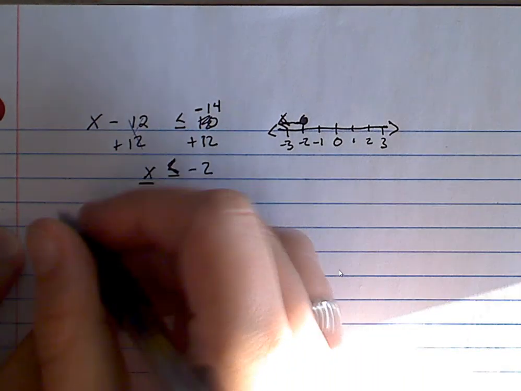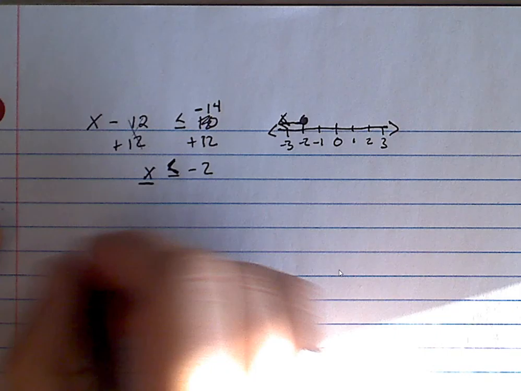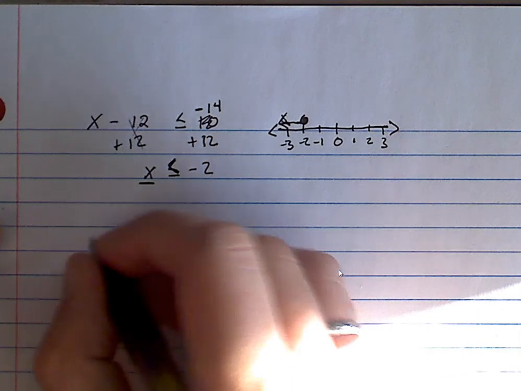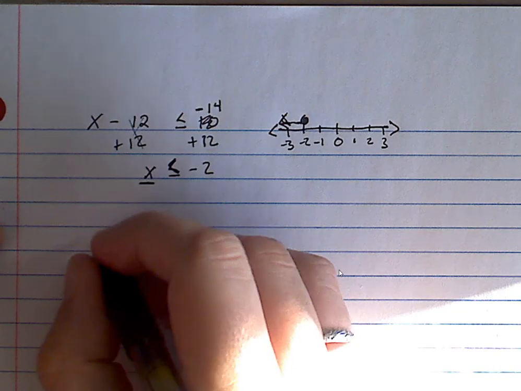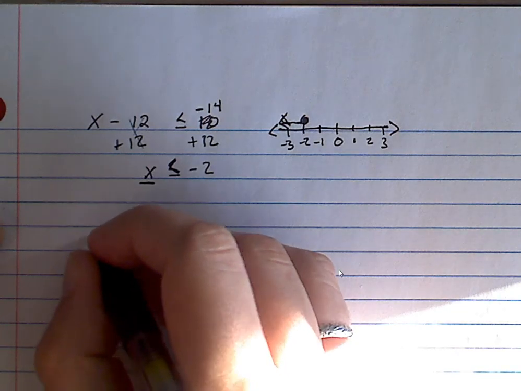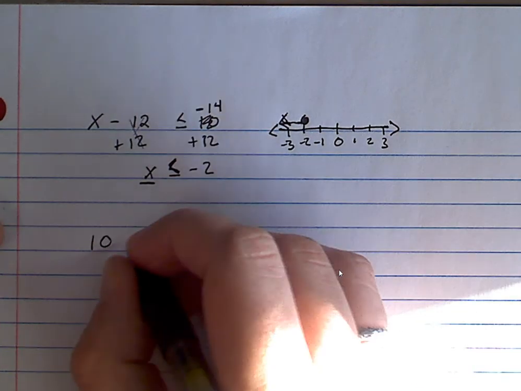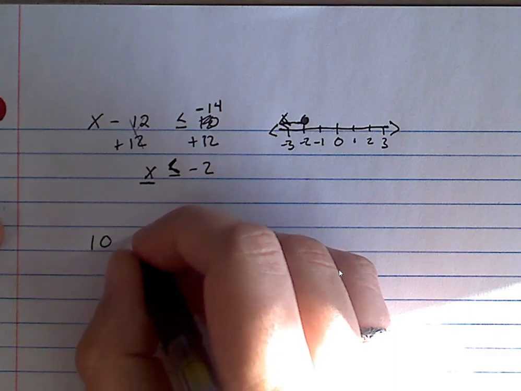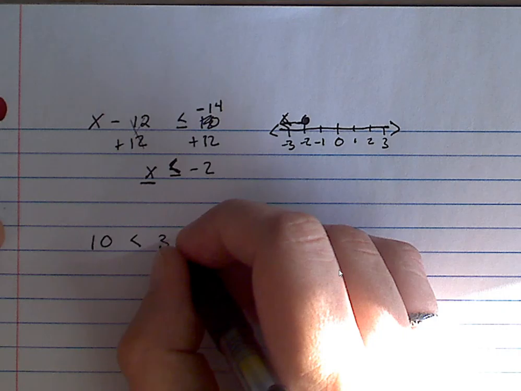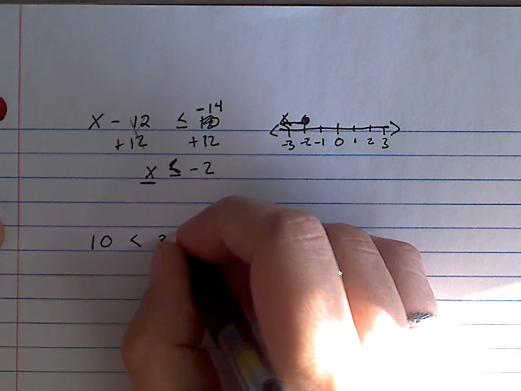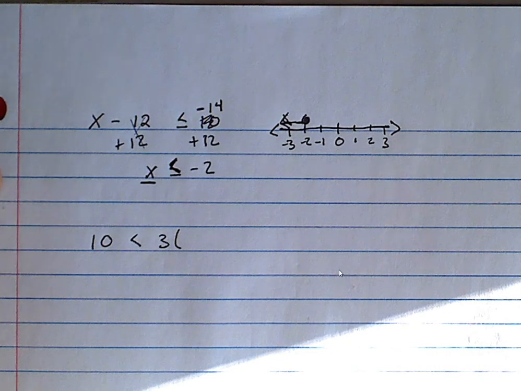So let's do one that's like, okay, I gotta make this up off the top of my, oh no, oh, okay, let's do this. Let's do 10 is less than 3 times in parentheses, I'll move it up then so you can see.